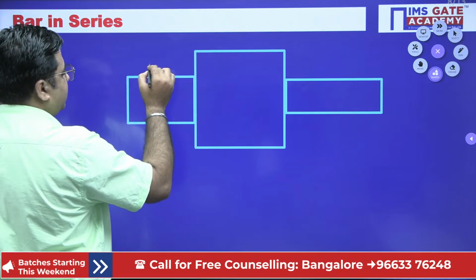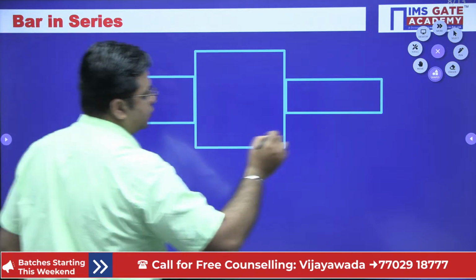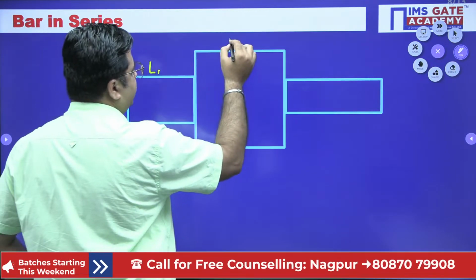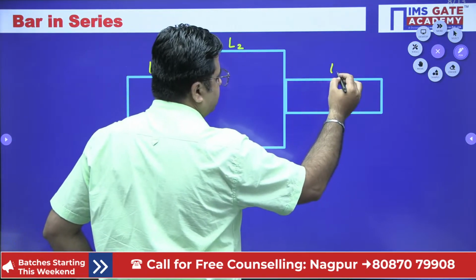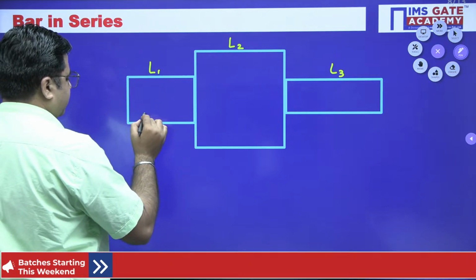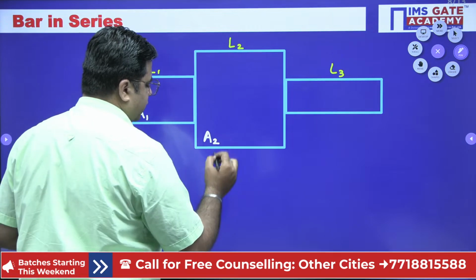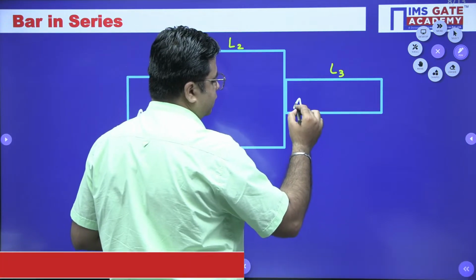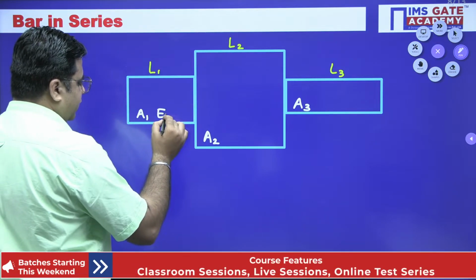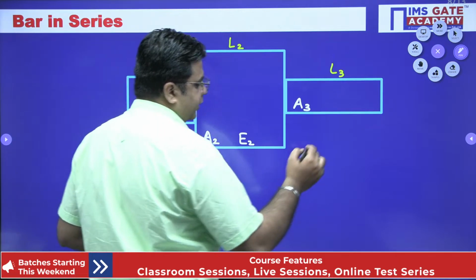The lengths of the bars are L1, L2, L3. The areas of cross section are A1, A2 and A3. Young's modulus for the materials are E1, E2 and E3.